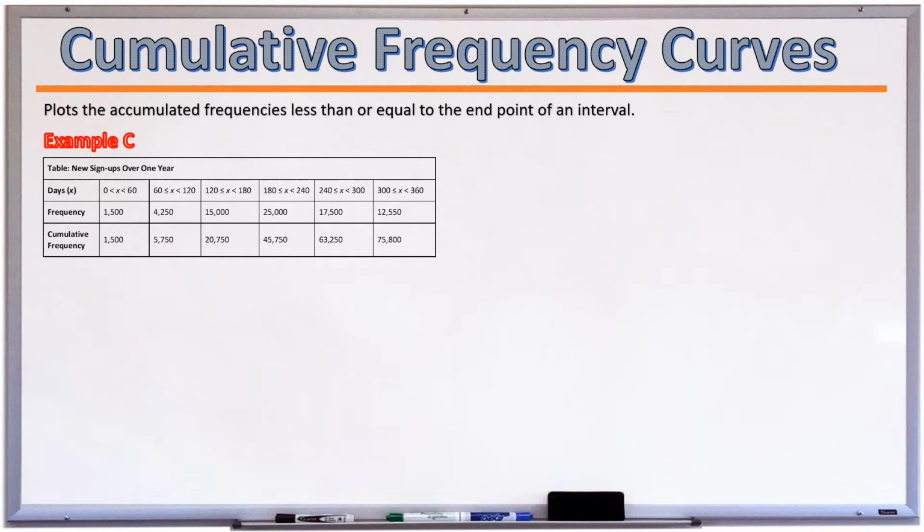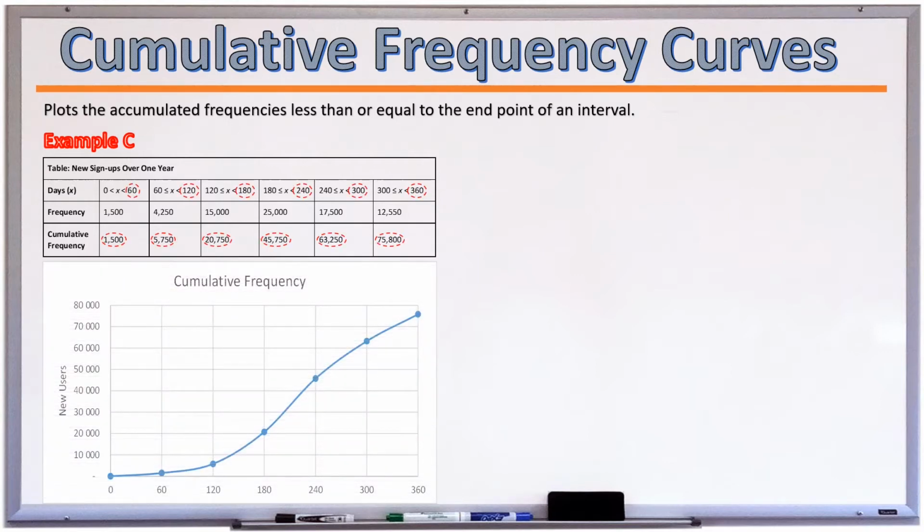We would then proceed to plot the cumulative frequency on the y-axis against the right-hand endpoint of each interval on the x-axis. From the table above, we would then need to plot the following coordinates: 60 for the first 60 days on the x-axis, and the cumulative frequency of 1,500.